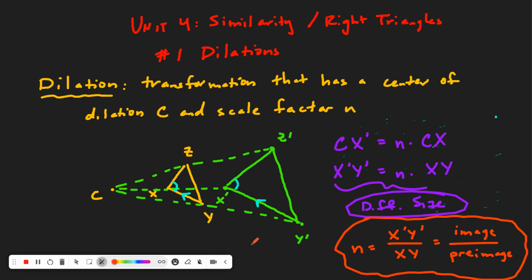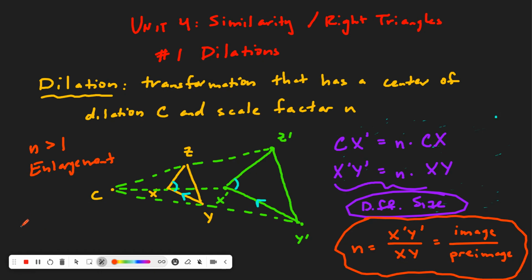Now, when we talk about scale factors and enlargements versus reductions, if your scale factor n is greater than 1, then you are going to enlarge your preimage. Enlargement.